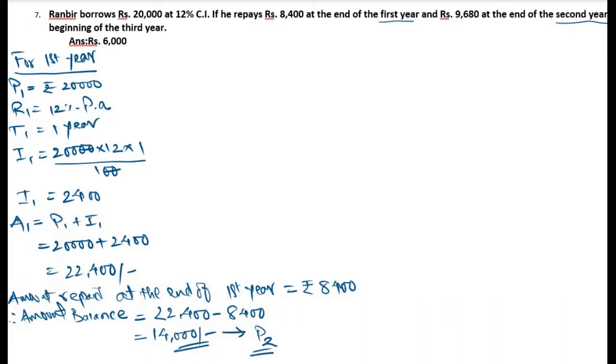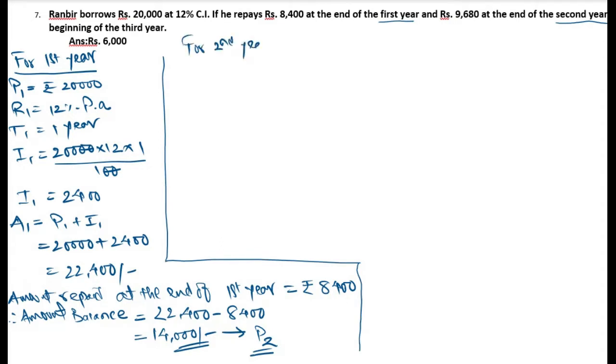Now we have to calculate for the second year. Let me just draw a line over here. Now for the second year, P2 is equal to rupees 14,000.